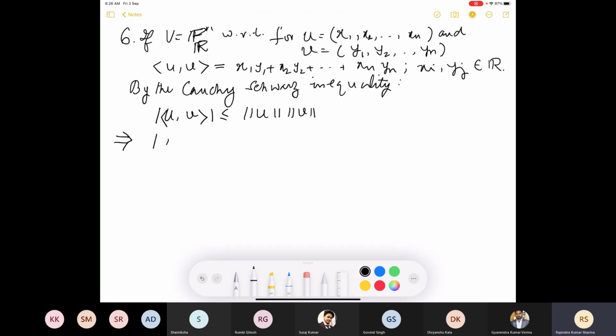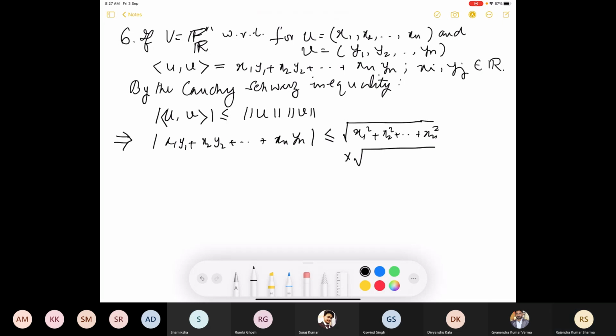The inner product is x1y1 plus x2y2 up to xnyn, which is less than or equal to the norm of U. The norm of U, U with U, means the square root of x1 square plus x2 square plus up to xn square, times the norm of V. So what is the norm of V? It is the square root of y1 square plus y2 square up to yn square. And this is what it is.